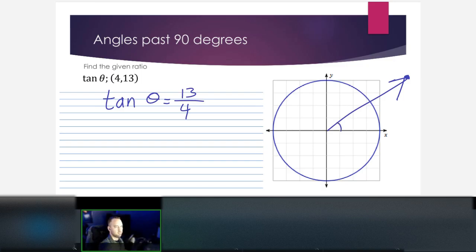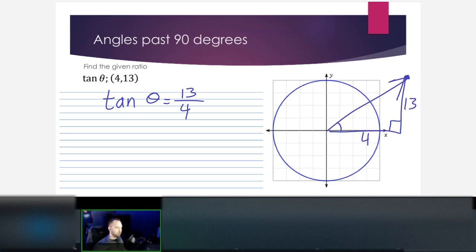And then this would be creating your right triangle. And the x value is, what do we say the x value was? 4. And then your y value is 13, right?